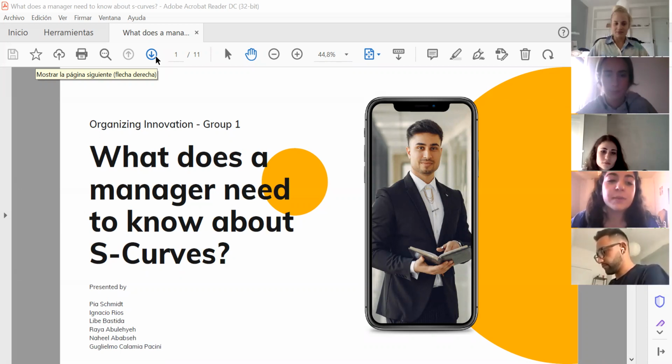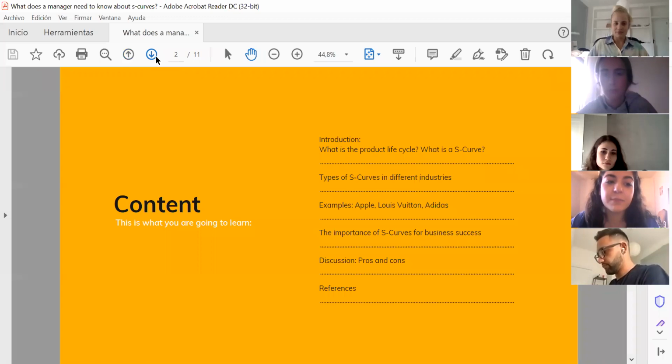Okay, we will be discussing what exactly a manager needs to know about S-curves. So first, we will discuss the product life cycle and define the S-curves and its uses. And then we will discuss different industries in which the S-curve is used, such as Apple, Louis Vuitton, and Adidas.